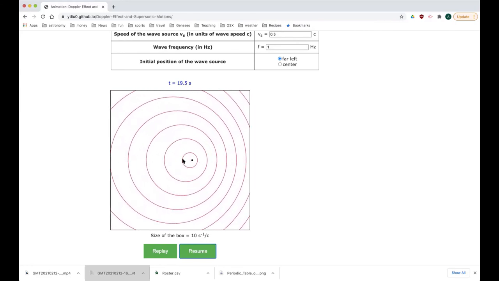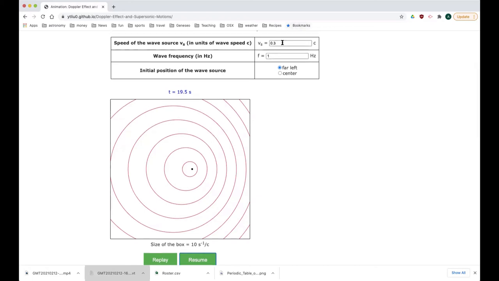The person in the direction of the line of travel will see the wavelengths get shorter, and the person opposite the direction of travel will see those wavelengths get stretched out and get longer. That's simply because the object is moving, but the center of these expanding circles is not moving. It is staying at the same place.